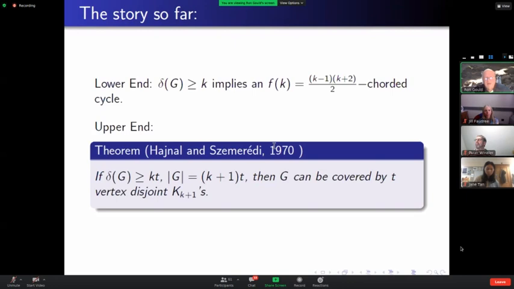If the minimum degree is at least kt, and the order of G is (k plus 1) times t, then G can be covered by t vertex disjoint K sub k plus 1s. All right, that's a famous theorem. It's a beautiful theorem. What we were hoping for was a loose version of the Hajnal-Szemerédi theorem, where our order did not have to be exactly this, but just greater than or equal to this.